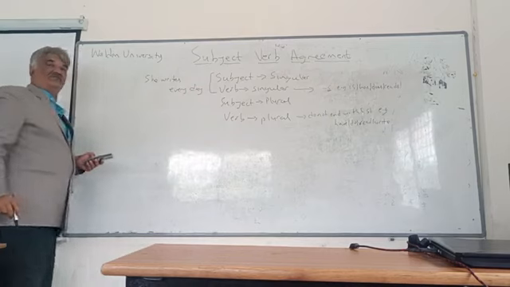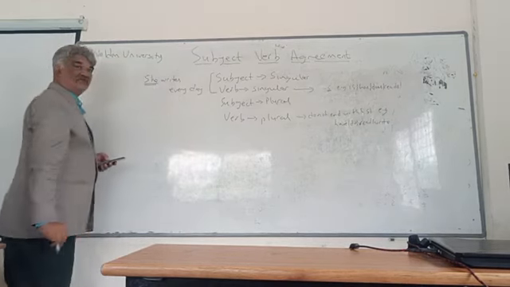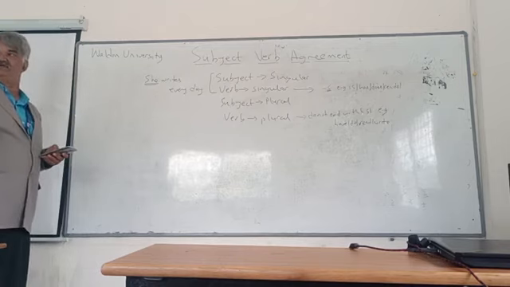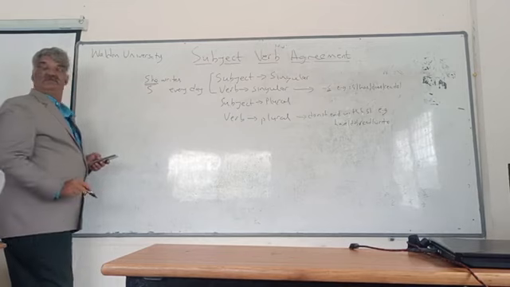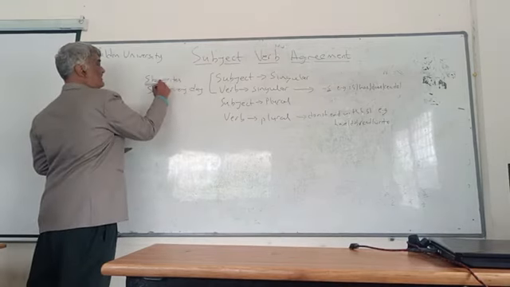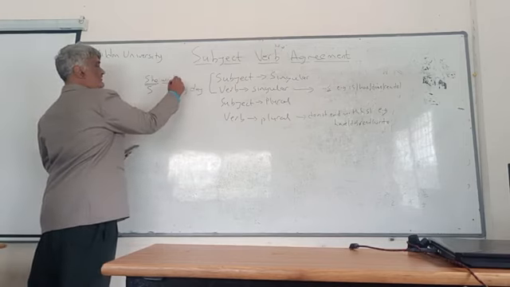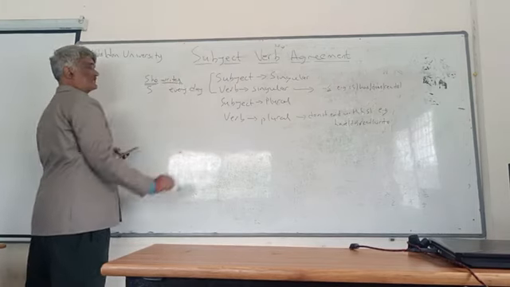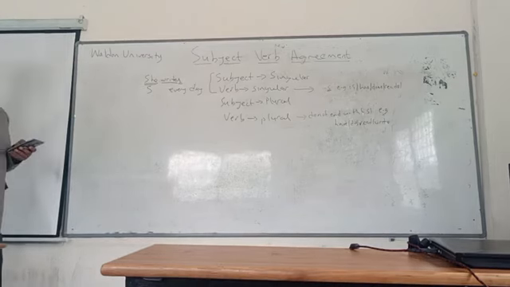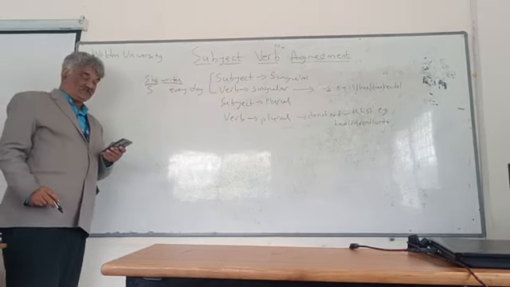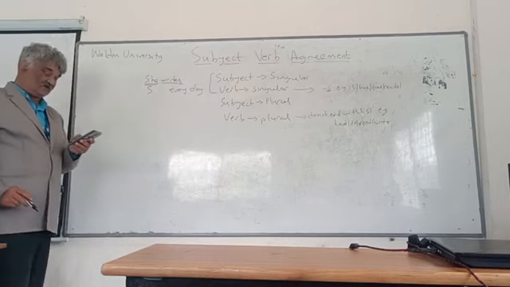Now this one, she, is called the subject of the sentence. She is singular. The subject is singular, the verb must be singular. So it requires the s. That is the first example given on the website.